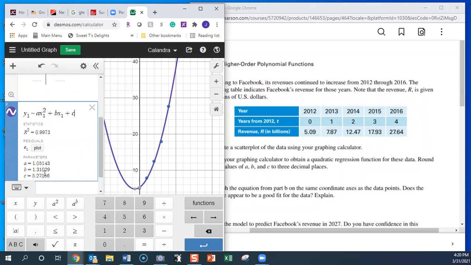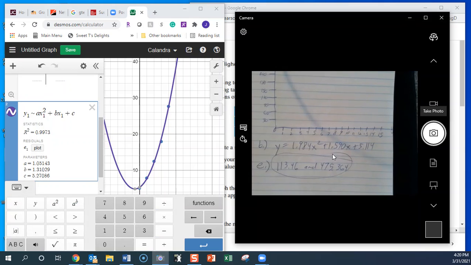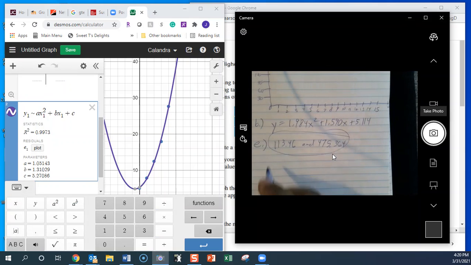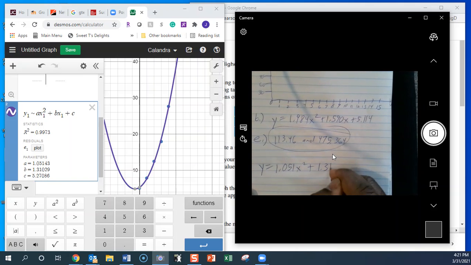Now we replace these values for this equation. So we will have y is equal to 1.051x squared plus 1.310x plus 5.271. So that will be our equation.